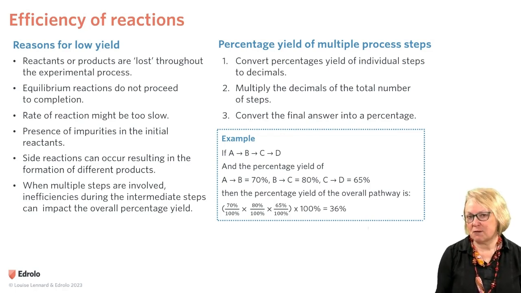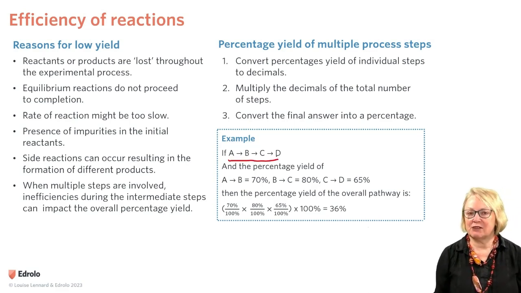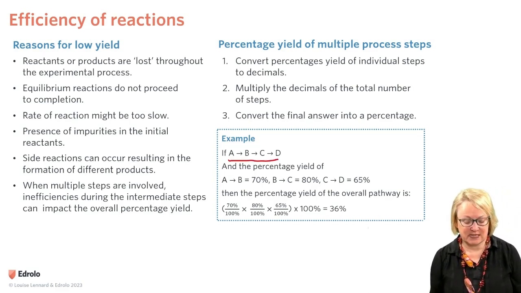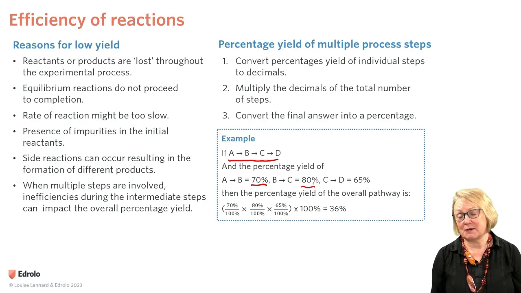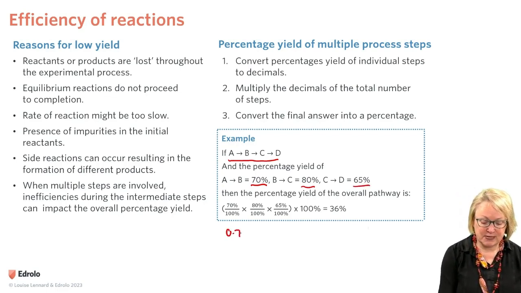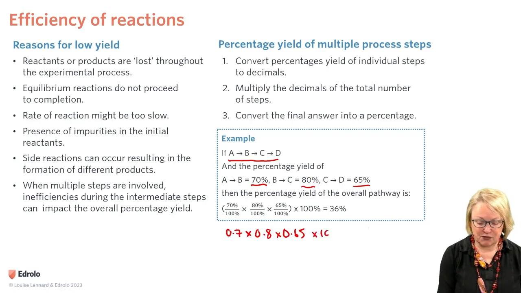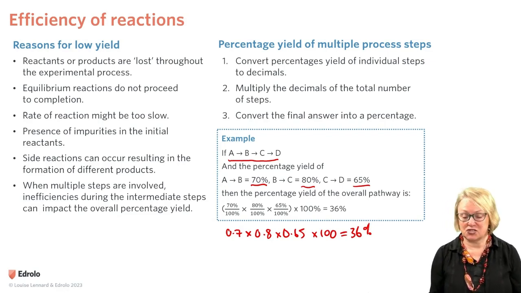So if we go from A to B to C to D, and the percentage yield of the step A to B is 70%, and then step B to C is 80%, and then step C to D is 65%, we can multiply 0.7 by 0.8 by 0.65 times 100 equals 36%, which is quite a low percentage yield.